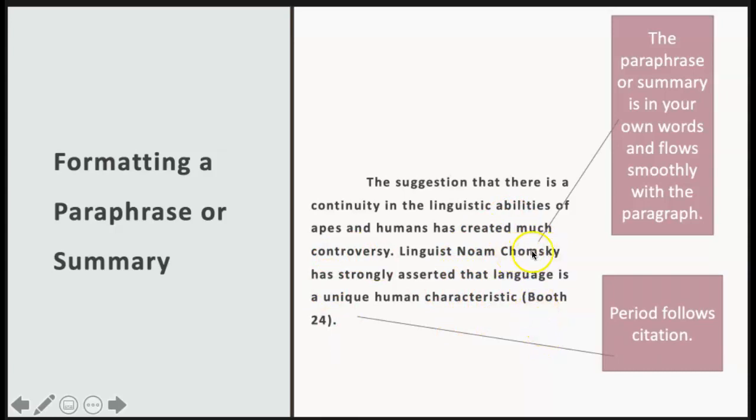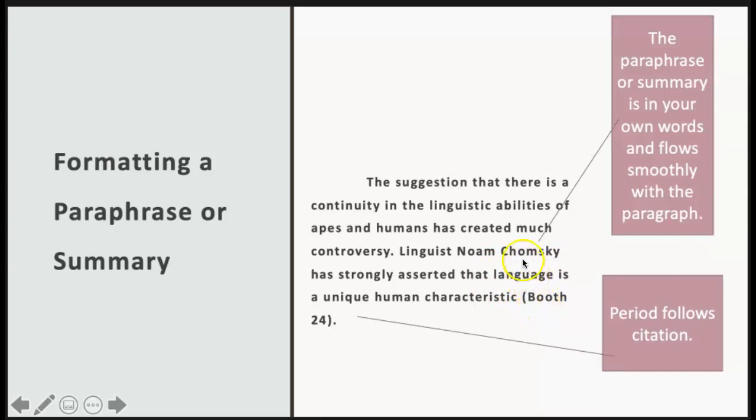If I were to have put Chomsky in the parentheses, then I would expect to see Chomsky as a source on the works cited page. But there is no Chomsky source. The source that was used to access this information about linguist Noam Chomsky was the Booth source. The author of that source, his last name was Booth.